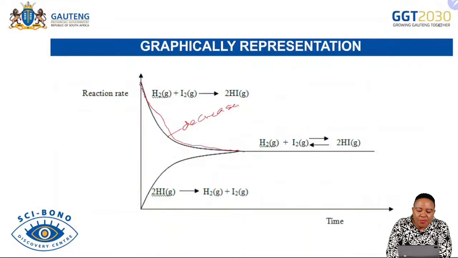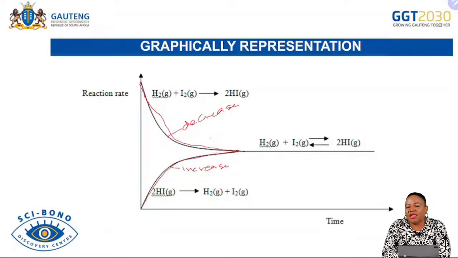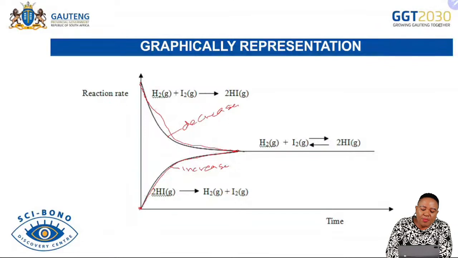At the same time, you can see that the rate of the reverse reaction is increasing, because the product is increasing as the reactants are decreasing. This is the same concept that we discussed in our previous lesson: when the reaction is occurring, we expect the concentration of the reactants to decrease and the concentration of the product to increase. And we can see that at the beginning of the reaction, we have zero product.